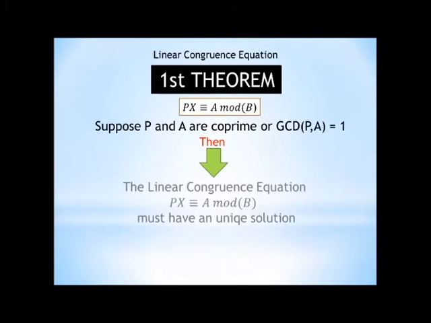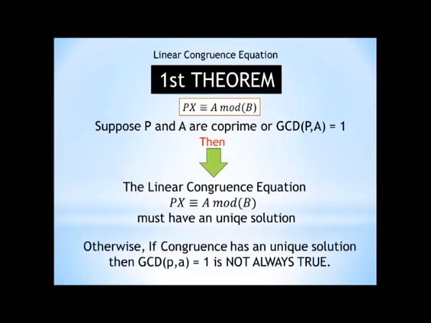Then the linear congruence equation Px ≡ A mod B must have a unique solution. But if the congruence has a unique solution, it is not always true that the GCD of P and A must be 1.